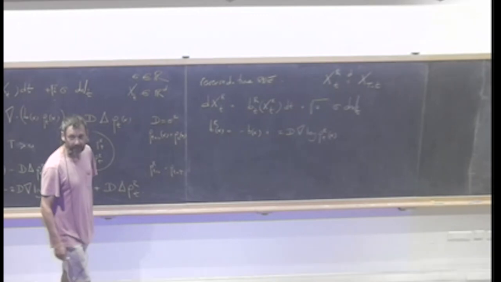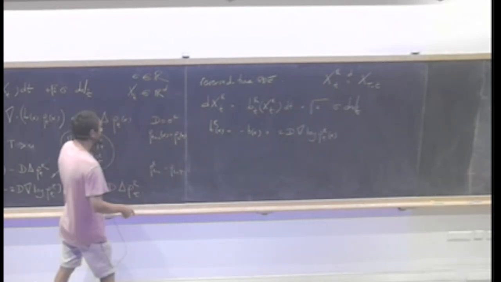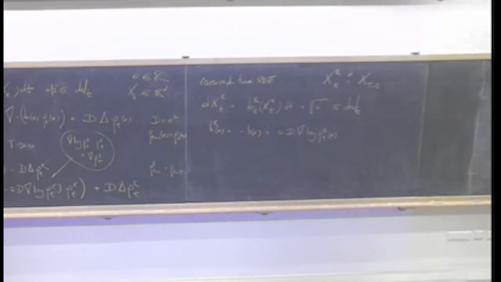Okay? So what this is, in a way, is that you could imagine that you generate a trajectory from this, or many trajectories, and then you play them in reverse.